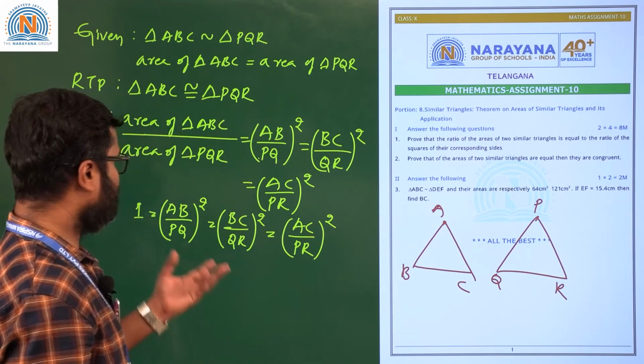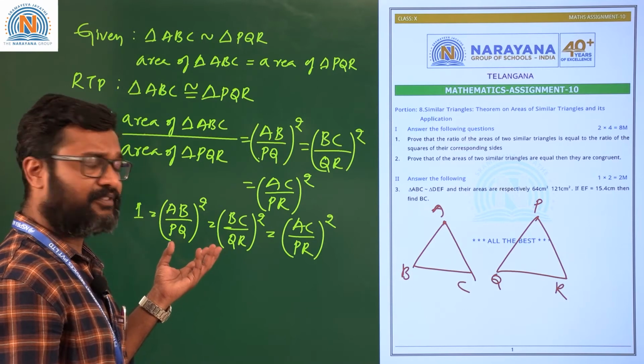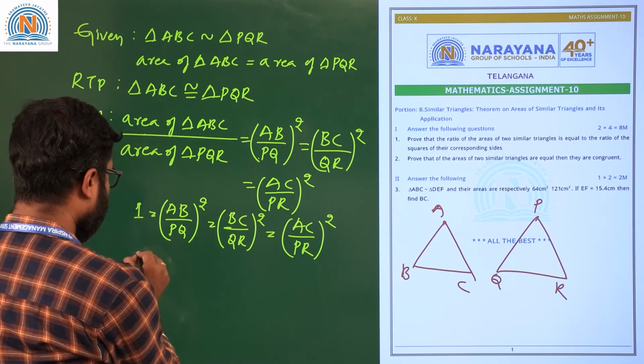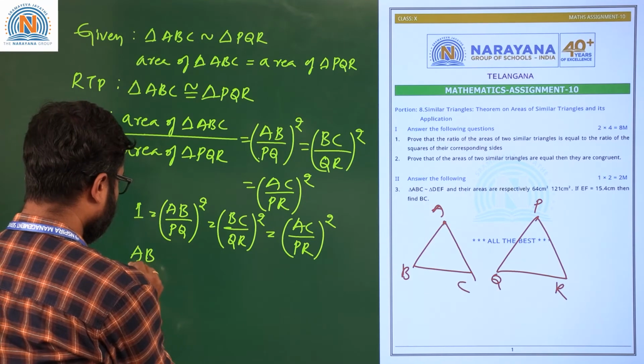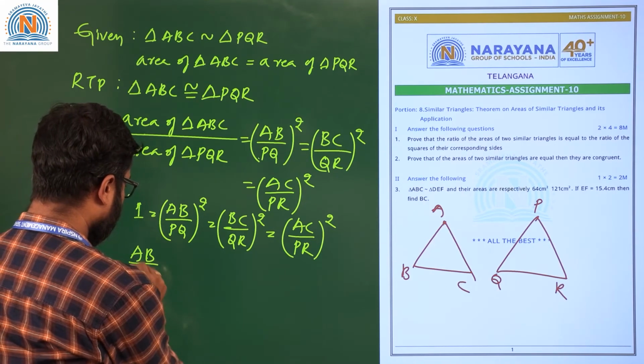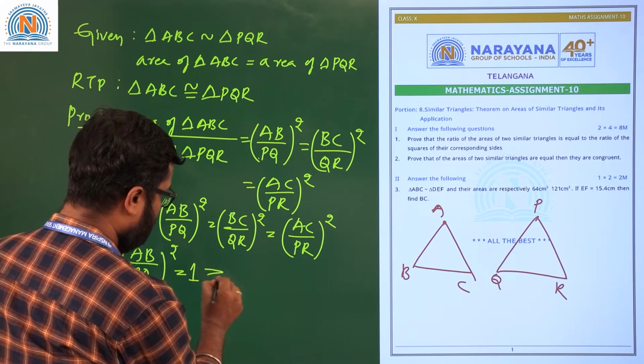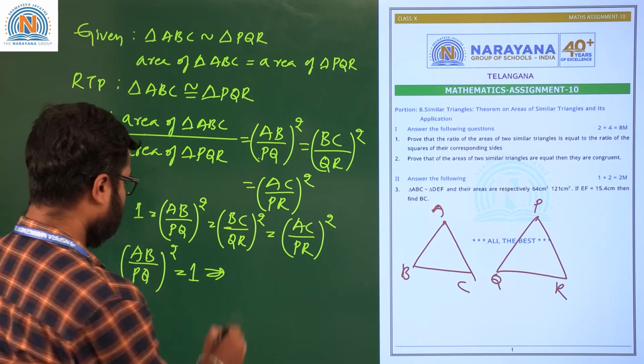Children, if you observe here, from this we will get three relations, that is AB by PQ whole square is equal to 1. So from this what can we write?